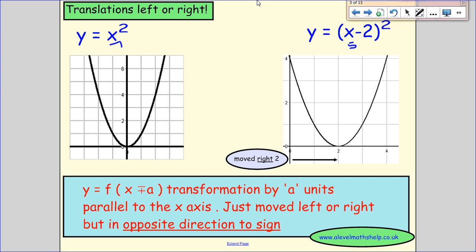If this was 7, what value of x would I need in here? I would need 9, because 9 take away 2 would be 7. So it would be 2 bigger. So all your x values move across by 2, and they move to the right when you're subtracting 2, because you need more x values now than you did before, because you have your x value and you've taken some away.